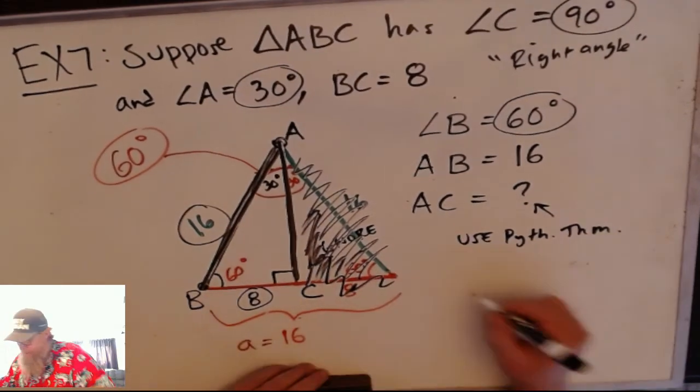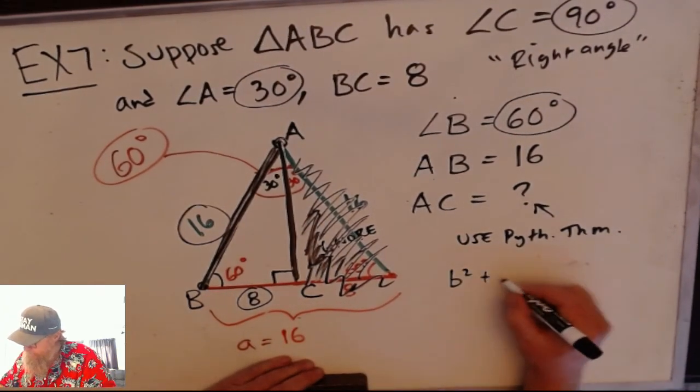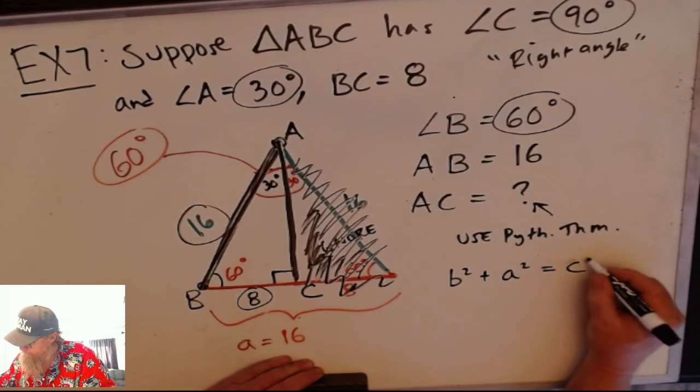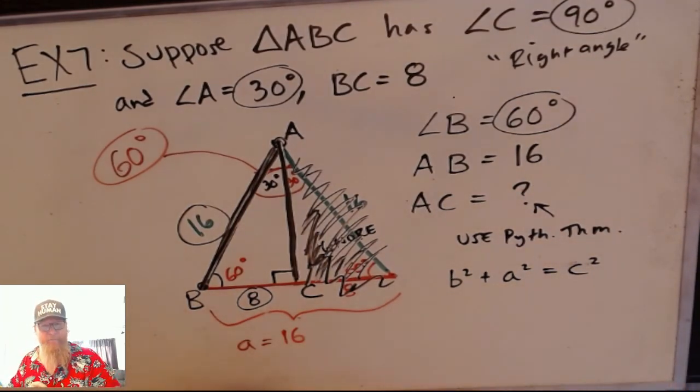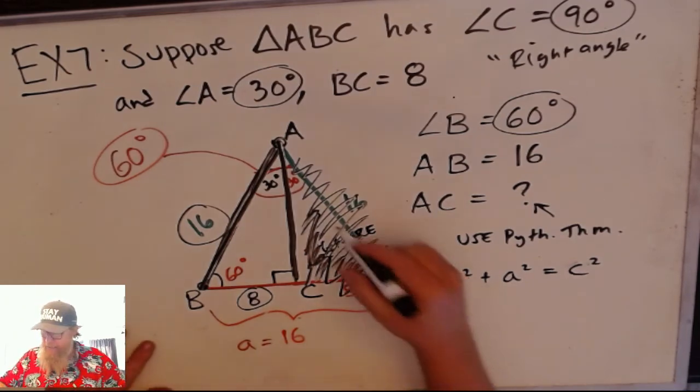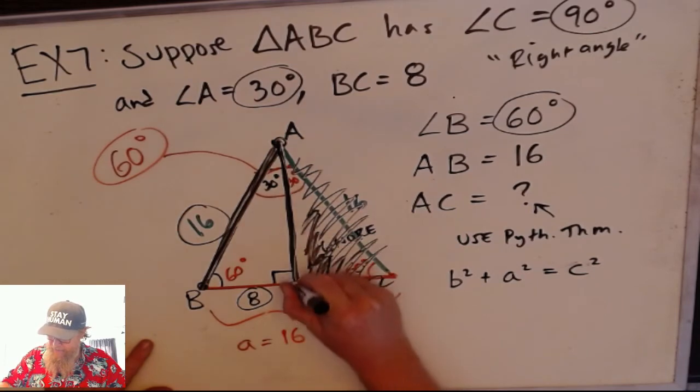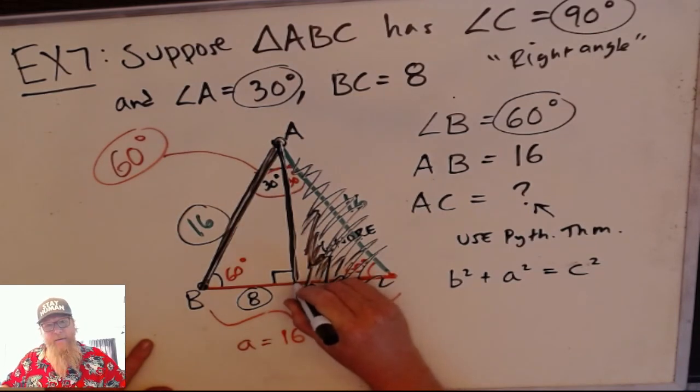I'm actually going to write it this way: b squared plus a squared equals c squared. Why am I doing it that way? Because I'm trying to find this side here.